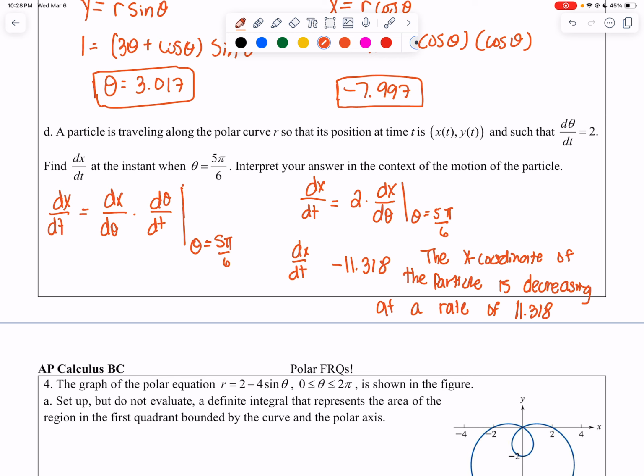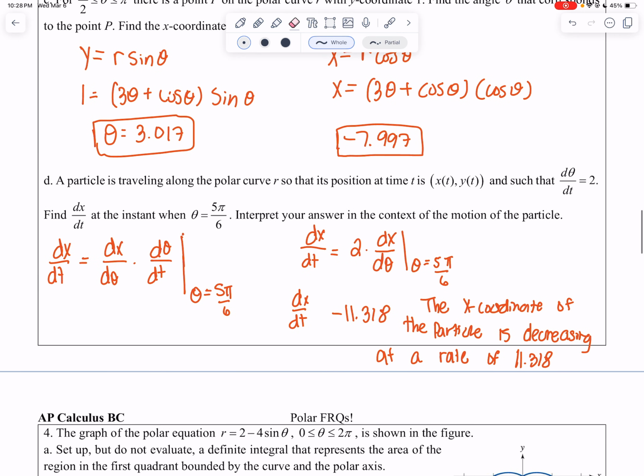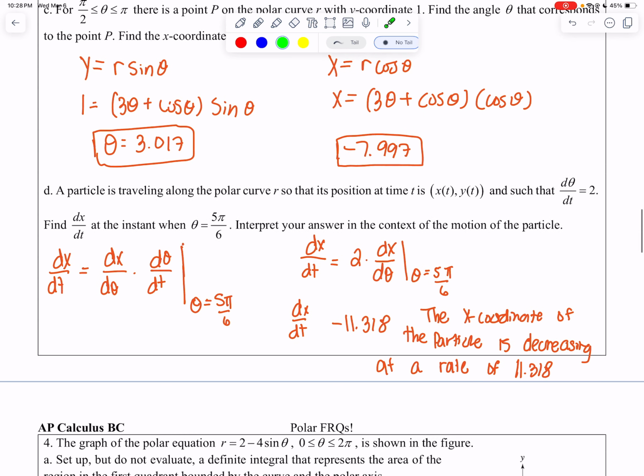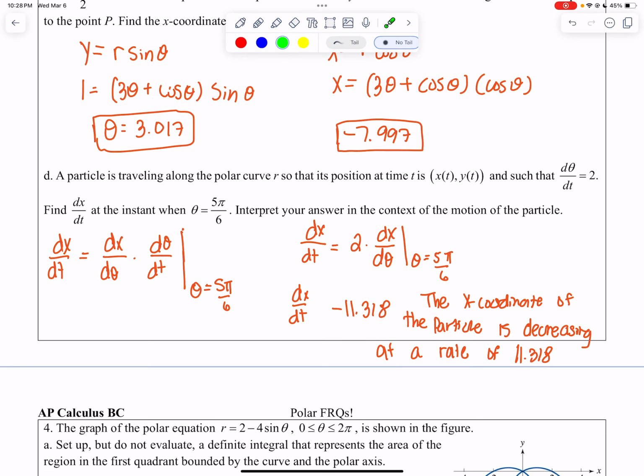Radians per time? Or just say 11.318. It's not radians, because this is in terms of x, and we don't know if this is meters or feet and whatnot. So just have units of time here.